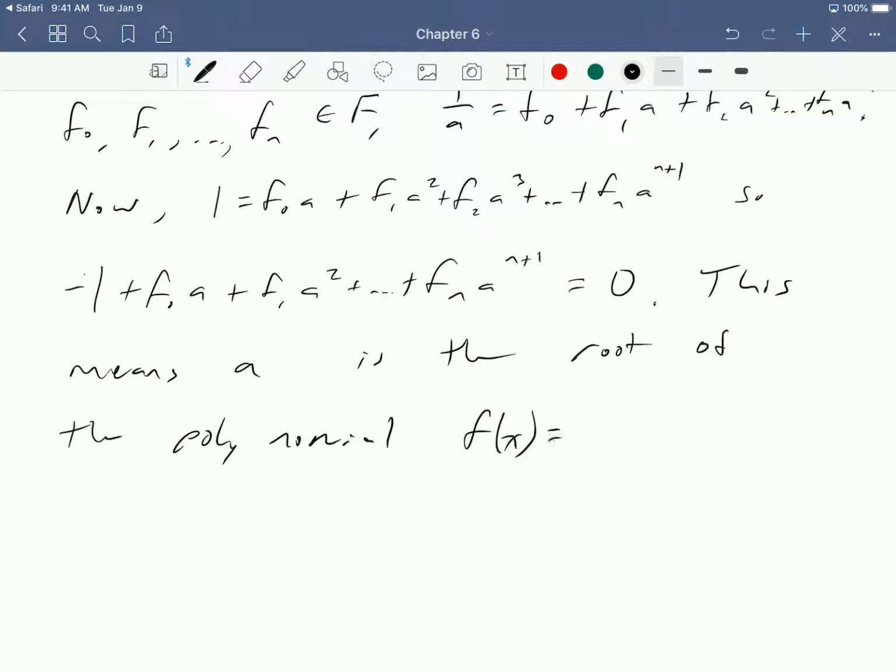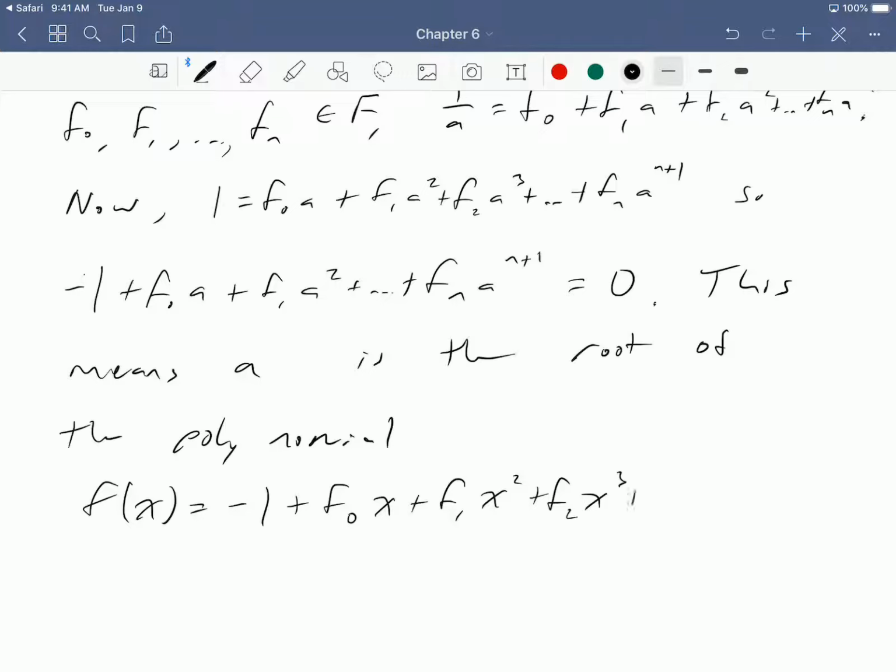f of x equals, and I'm going to actually write that in the line below so I have plenty of space. F of x, the constant term for the polynomial is minus 1. Then we have f0x, f1x squared, f2x cubed, all the way up to fn x to the n plus 1.